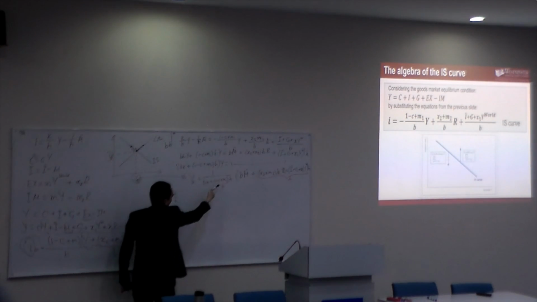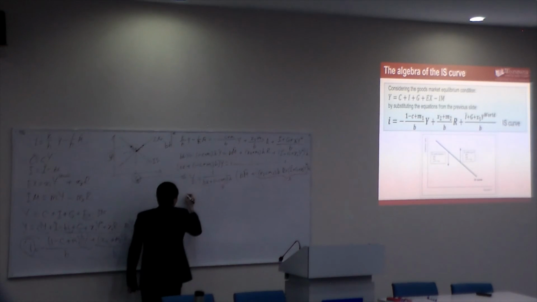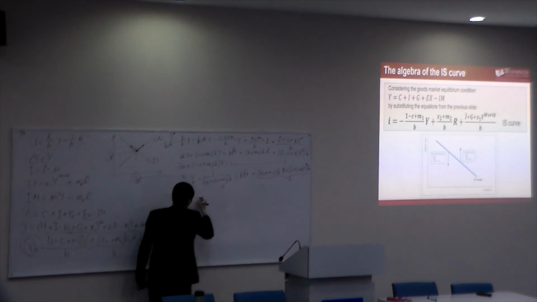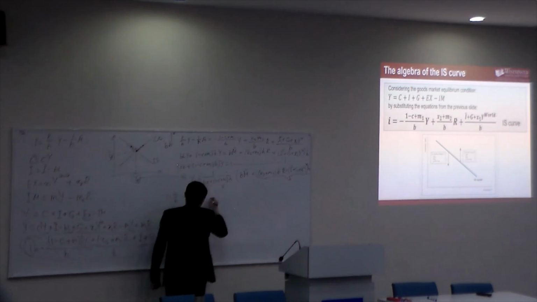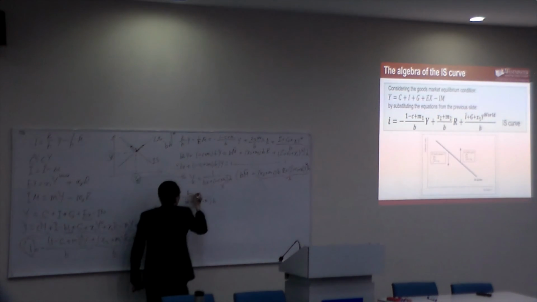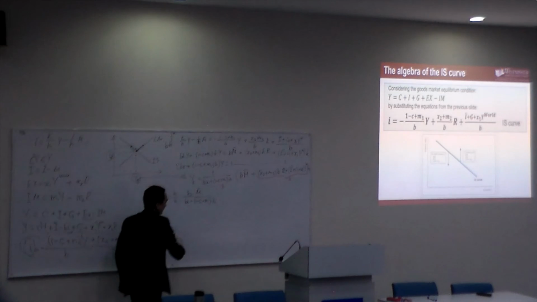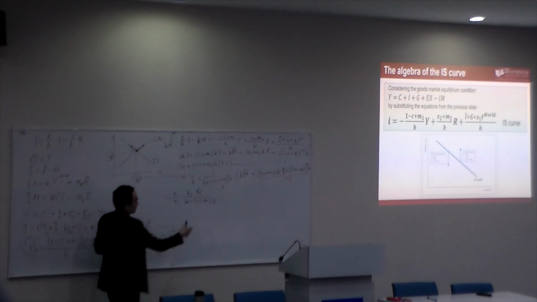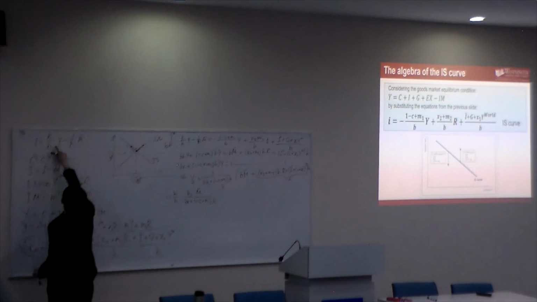So now I can write it as 1 over BK plus 1 minus C plus M1 times H times B M hat, because I plug it in here.